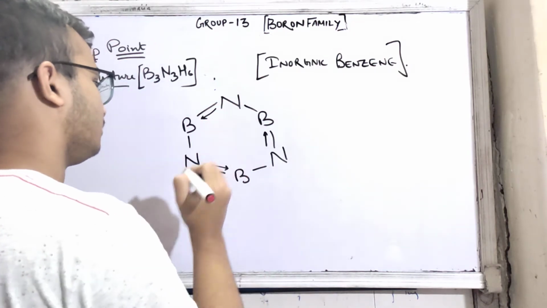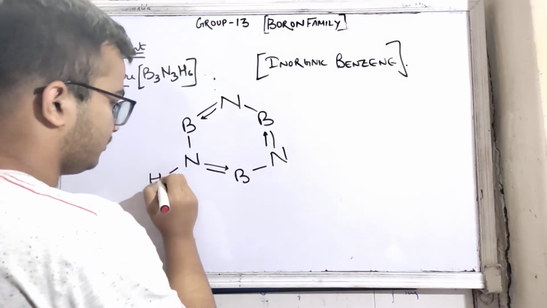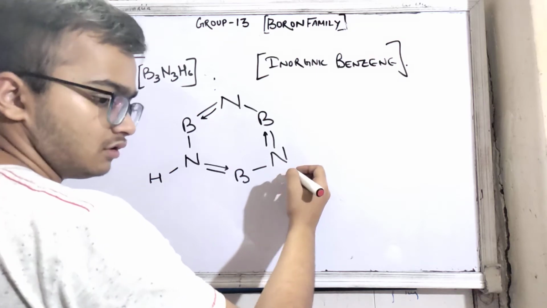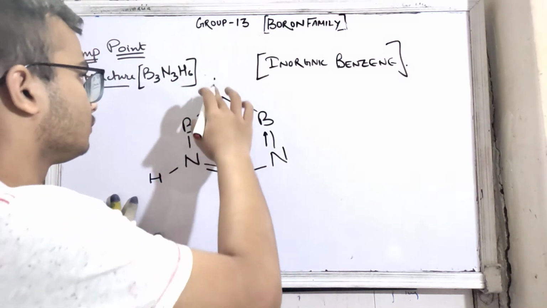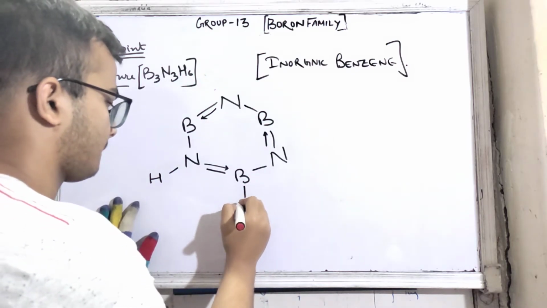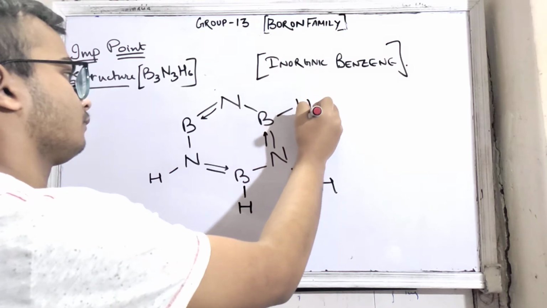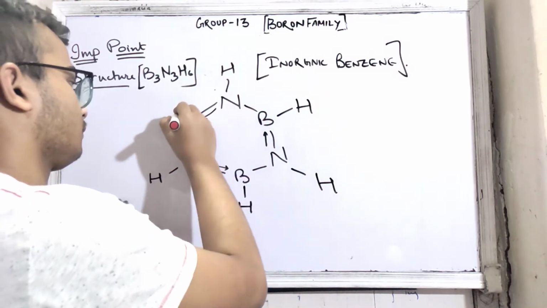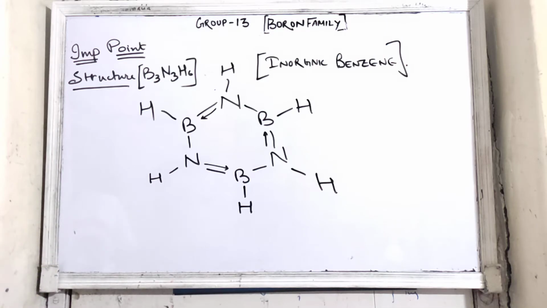Okay, coordinate bonding done. Now let's connect the hydrogen with nitrogens. Now this one also I will do like this. Clear? So this is the structure of your inorganic benzene.